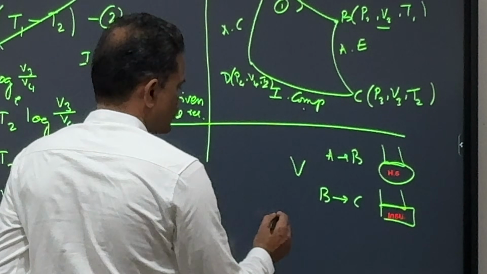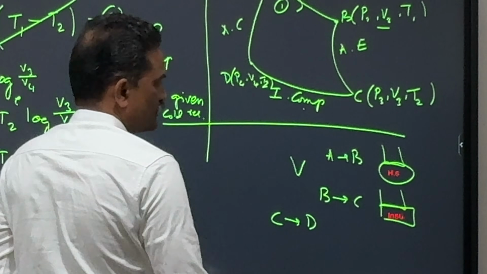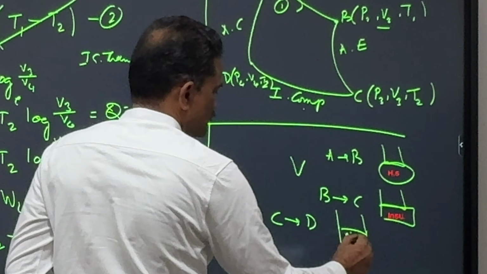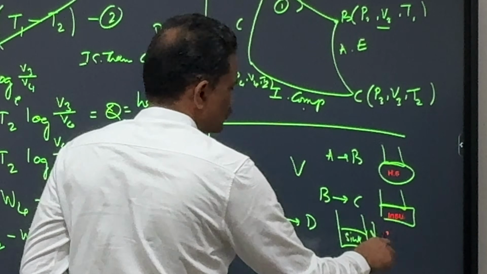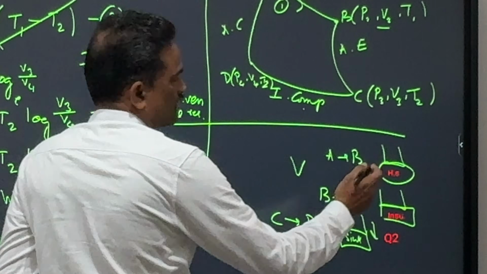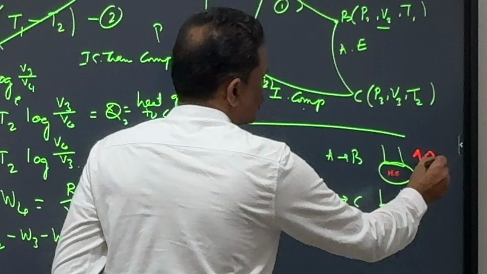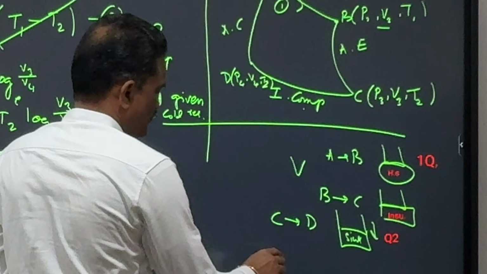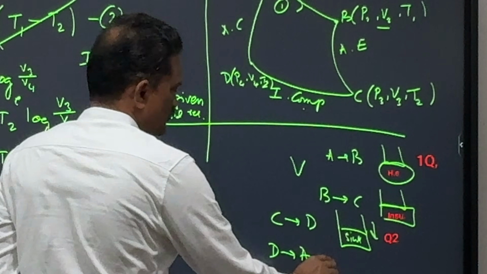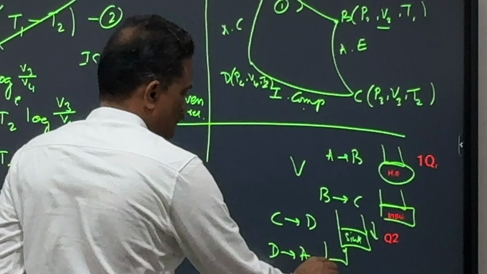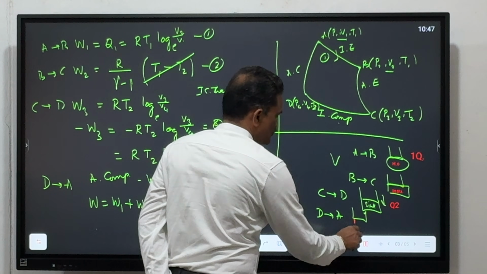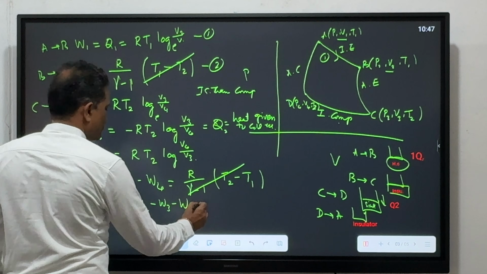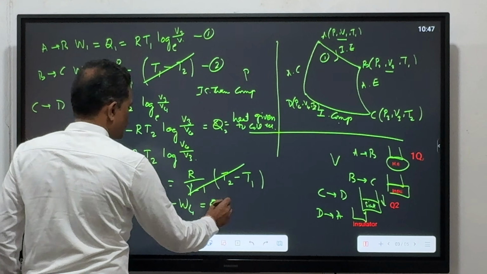Next, the third process going from C to D is placed on the sink. So the sink takes Q2. Here the source gives heat energy Q1. Is this clear? Next, in the last process going back D to A, this working substance is placed on the insulator. The work done is nothing but Q1 minus Q2.